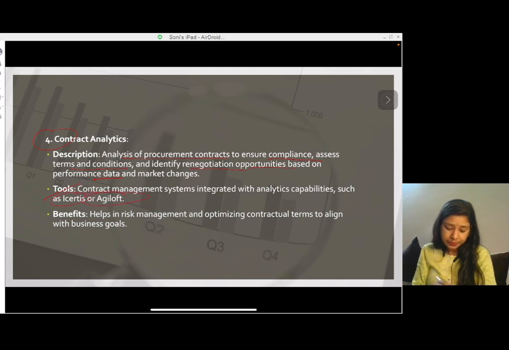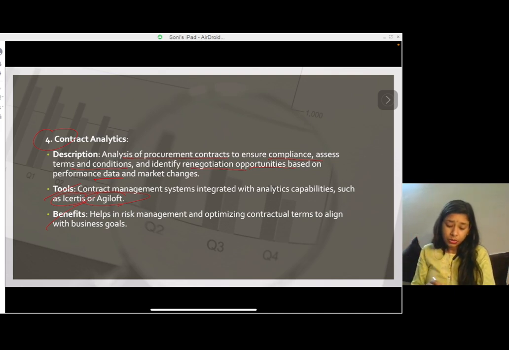These are software. You can learn even just one, and you need not have a deeper idea of the software, but at least you should know that there is software like Agiloft or Icertis that helps in making the contract.